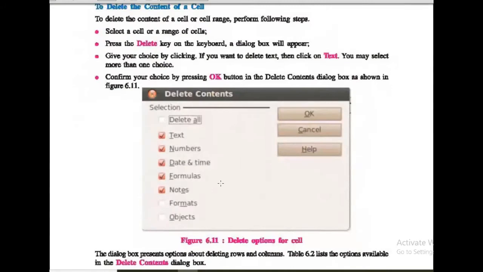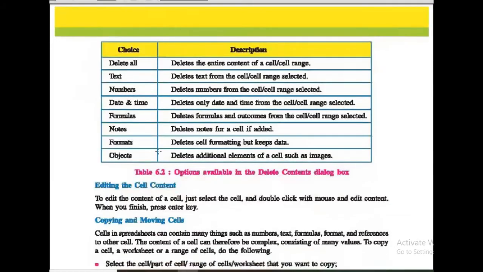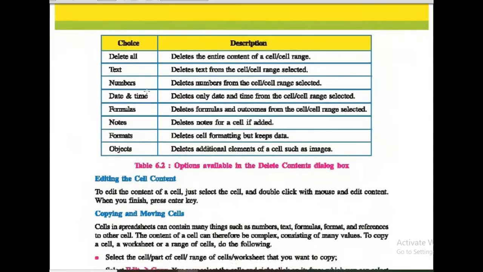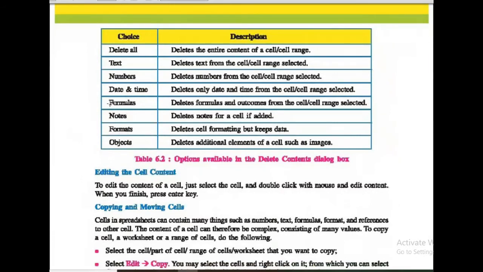Now the choices that it is giving us in this box: delete all, text, numbers, date and time, formulas, notes, formats and objects. So this is the description. When delete all is selected, it deletes everything inside that cell or cell range. If text is there, it deletes text from the cell. If numbers only, it deletes numbers only from that cell. Date and time, if any date and time is inserted in that cell, it deletes that only. Formulas, if formulas are applied there, then the formula will get deleted.